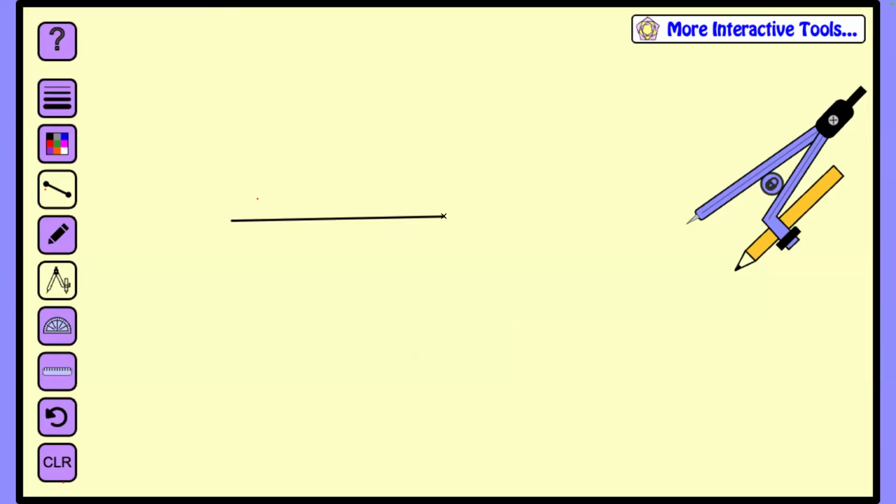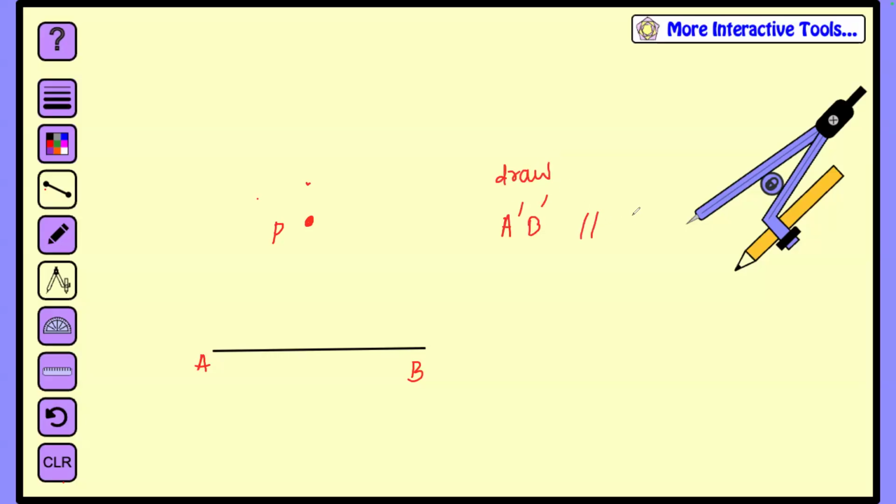What was my requirement? To draw a line parallel, right? Let this be my angle. Let this be my line, through a point not on the line. This point should not be on this line. That is your requirement: draw A'B' parallel to AB passing through P. That's what is in your benchmark.